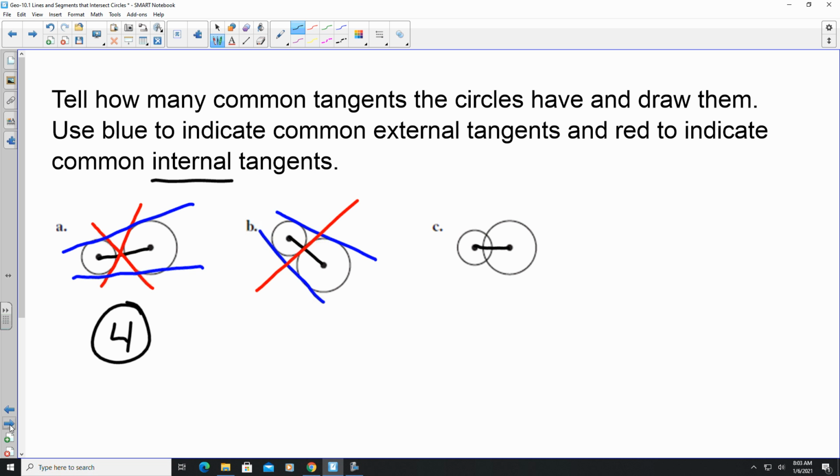So in this particular instance, I'm going to have three common tangencies. Now, in part C, I'm going to have two externals, but I'm going to have zero internals, so that means I just have a total of two.